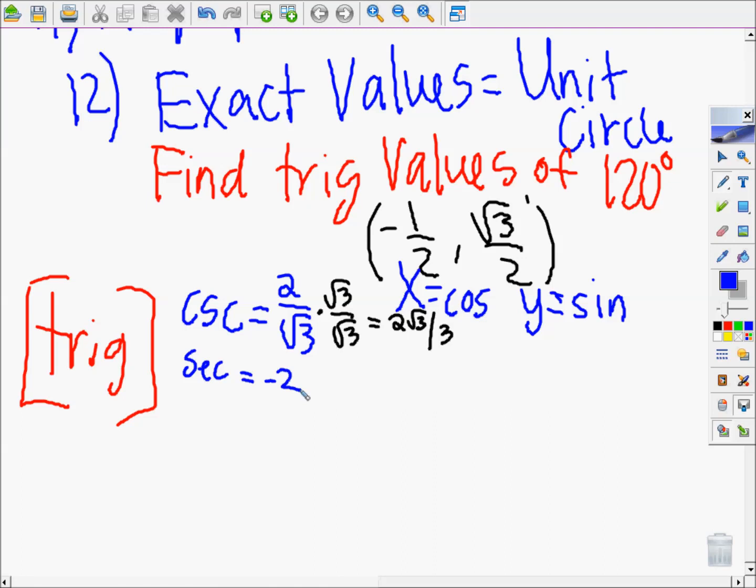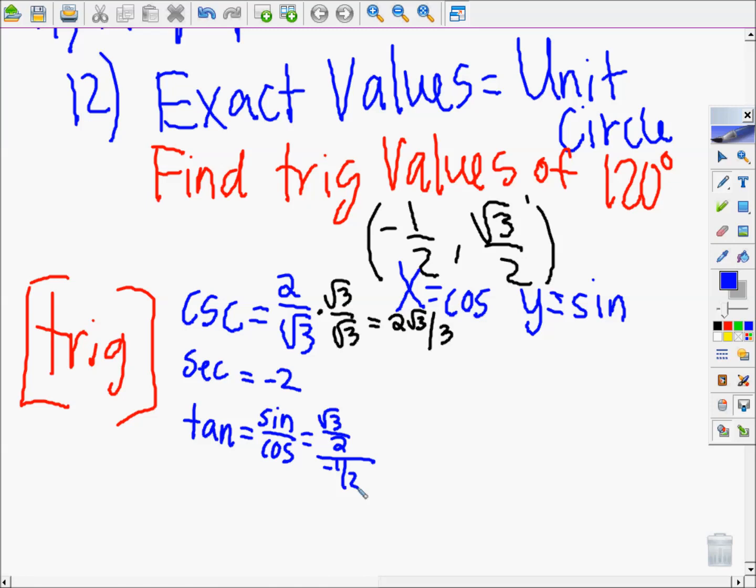Then if it asks me for the tangent, does anyone remember the relationship between tangent, sine, and cosine? Tangent is your sine divided by your cosine. So what's my sine? And my cosine is?